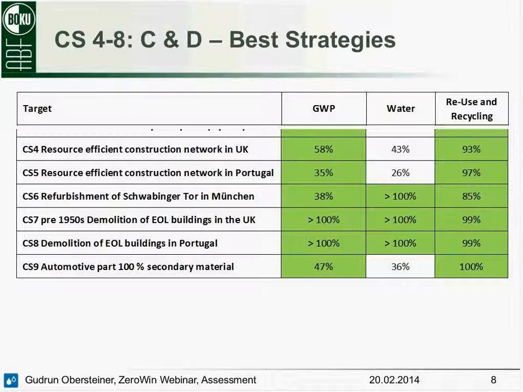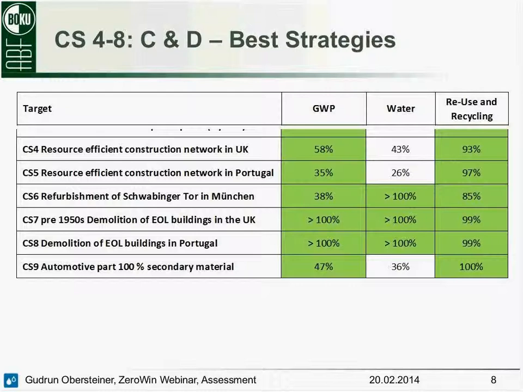For the best strategies in this case, it turned out that reuse is of course the very best option, reuse of bricks, for example. And this reuse, of course, avoids waste as well as the production of the new product. And therefore, this scenario is the best option to significantly reduce the environmental burden of the building.